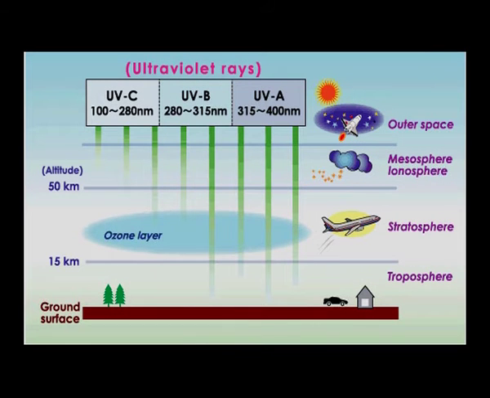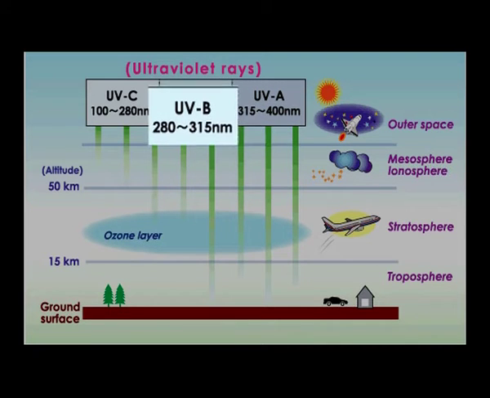The ultraviolet radiation includes UVA, the least dangerous form of UV radiation, with a wavelength range between 350 nanometer to 400 nanometer.